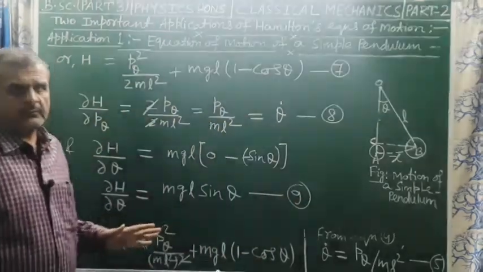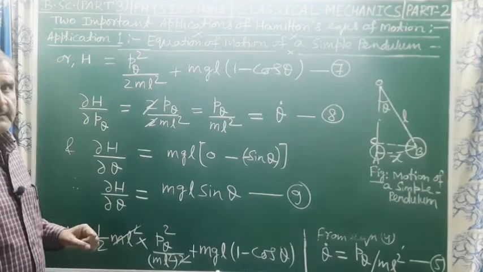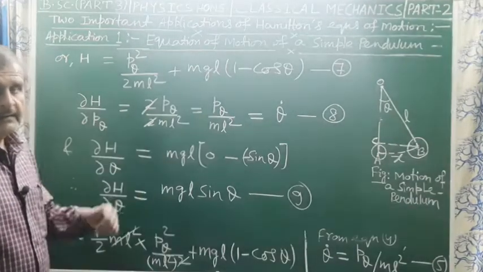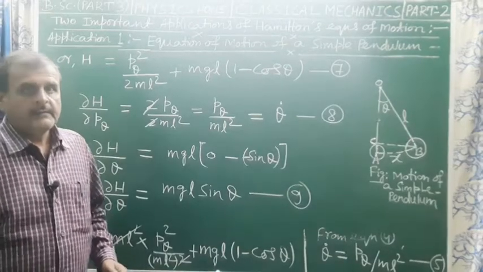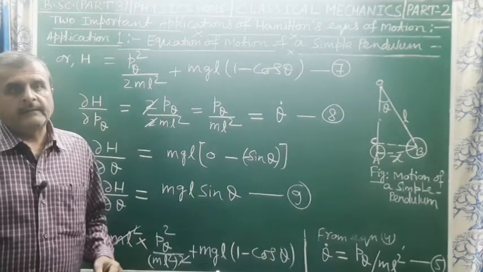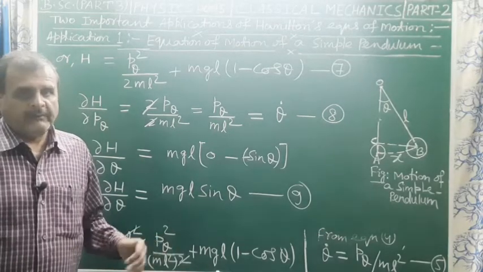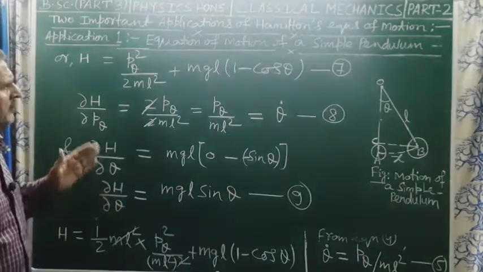Now we have to write Hamiltonian equations of motion for theta dot and P theta using Hamilton's canonical equation of motion. We will obtain the Hamiltonian equations of motion for a simple pendulum, and then the equation of motion of a simple pendulum.